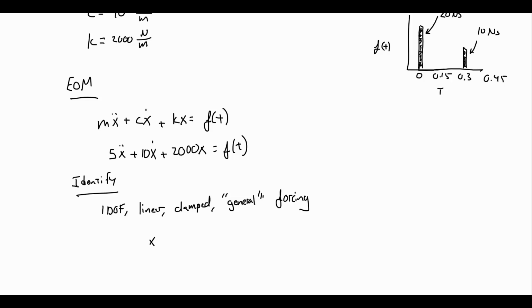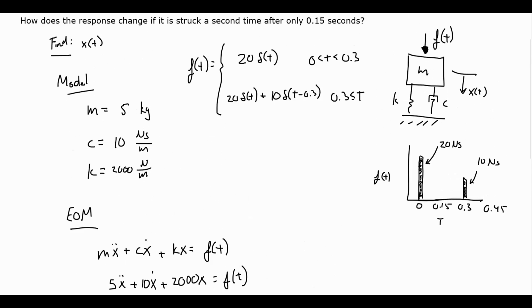So our solution for x of t is going to be in the form of, here we'll have some x1 of t on that first interval, which is going to be until 0.3 seconds. And then on 0.3 seconds and higher, we are going to have our x1 of t plus our x2 of t minus 0.3.